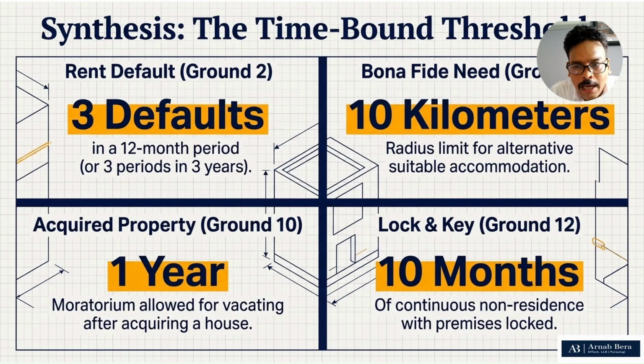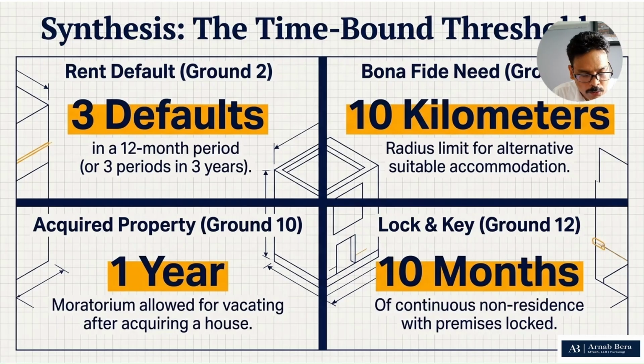And there are some time-bound thresholds, as we have discussed. For the rent default, ground 2, 3 defaults in a 12 month period, or 3 periods in 3 years' time, would be considered a valid ground. For ground 4, bona fide need, the landlord should not have another premises to stay in within 10 kilometers of the radius of the premises he has offered to the tenant.